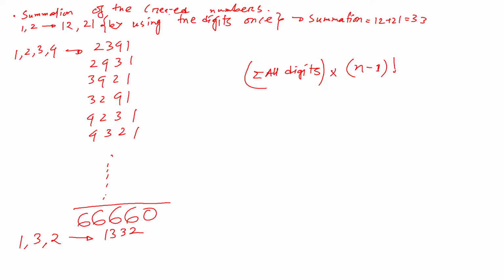Here n represents how many digits the number we are trying to make has. Say for instance, if we want to make a 3-digit number, then n equals 3. If we want to make a 5-digit number, that would be n equal to 5.